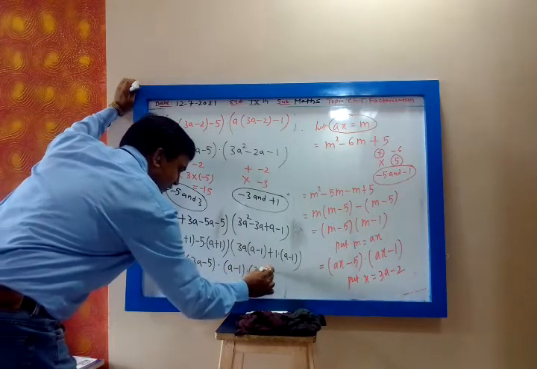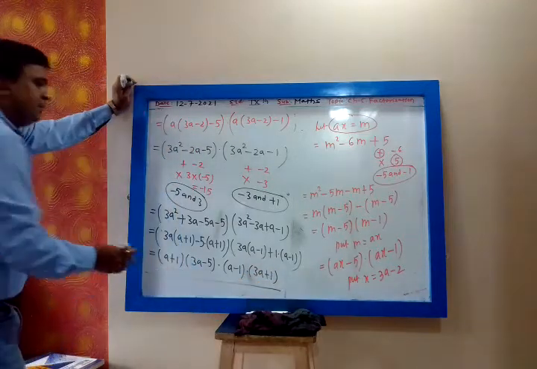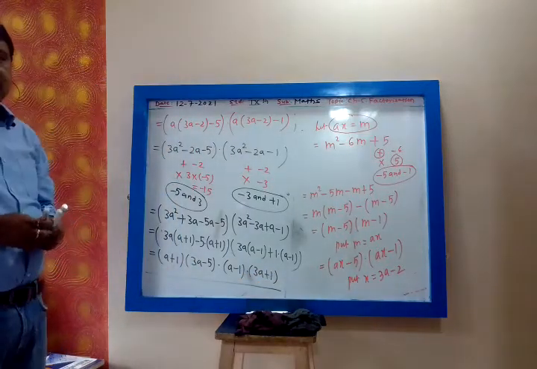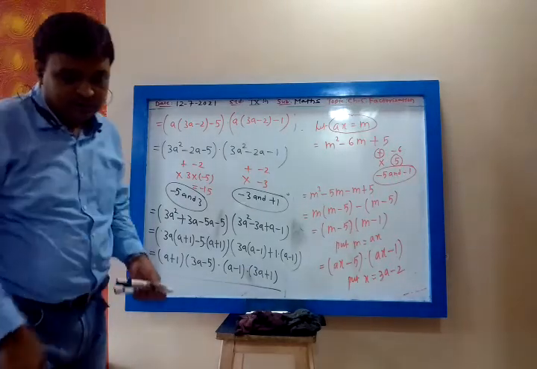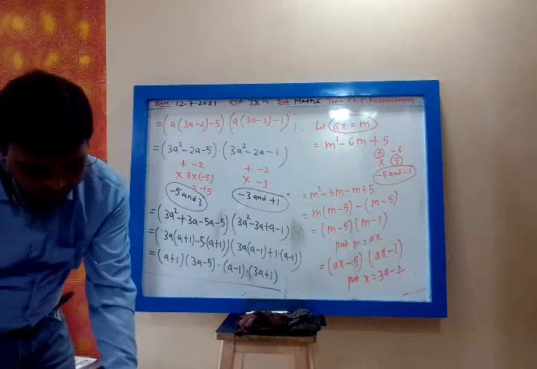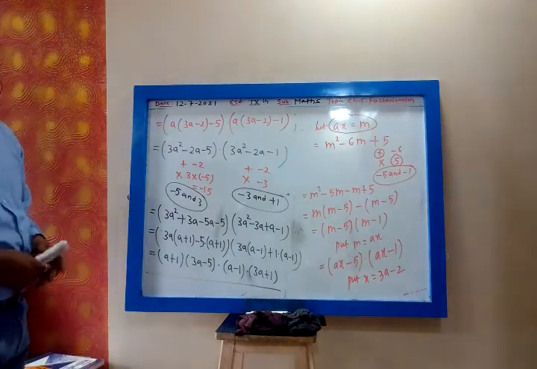And this is the answer. This factorization is a product of 4 factors. Understood?